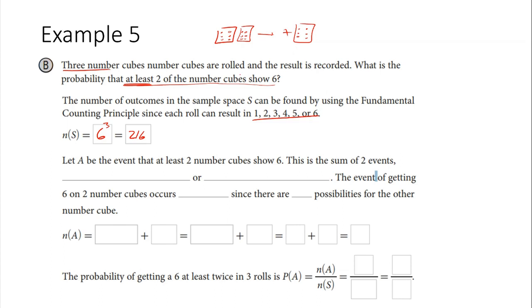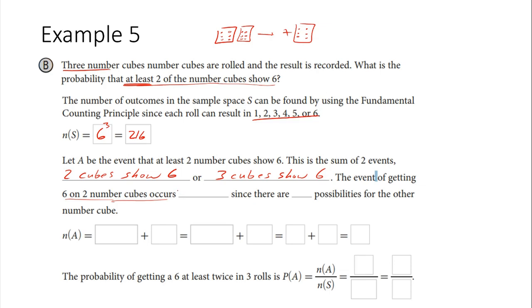I think of Yahtzee, right? There's 6 dice, and if they all land on 6, you scream Yahtzee. So it's like half of a game of Yahtzee. So 2 cubes show 6, or 3 cubes show 6.